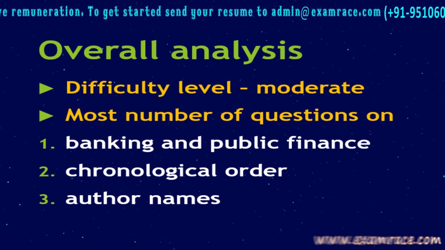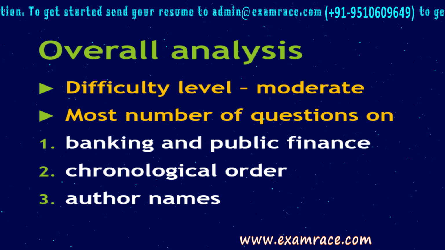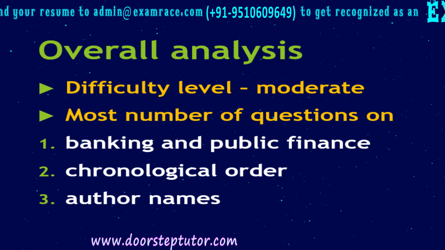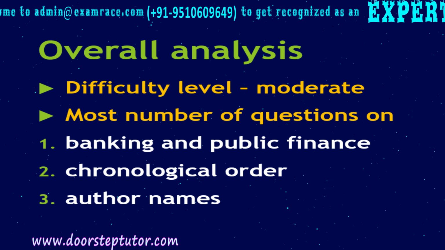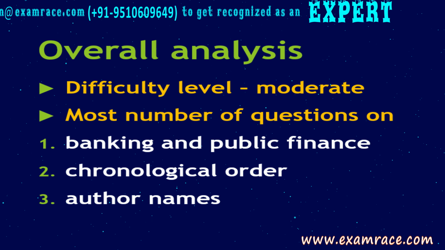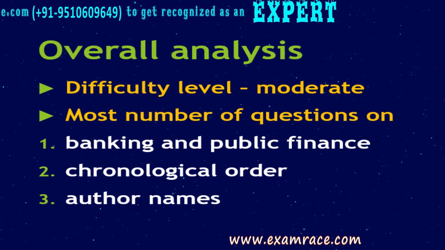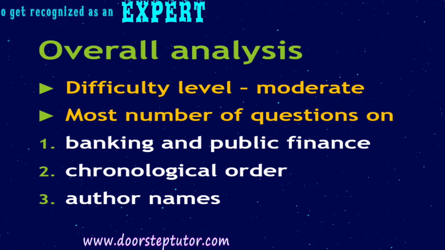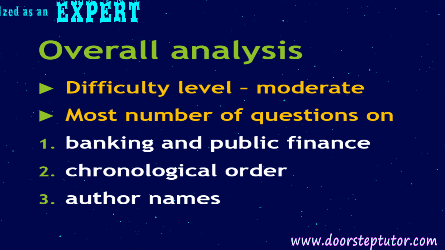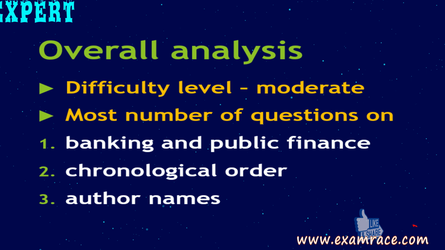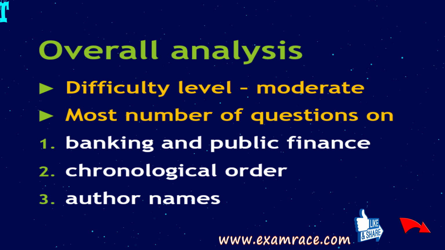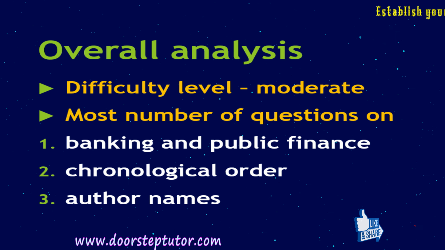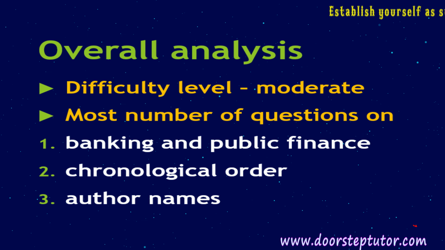So this time the focus was on chronological order and contribution made by authors, which was a little unexpected because students generally put less focus on these two categories. All the other categories were expected. So the overall difficulty level of the paper was moderate, I would say. It wasn't difficult, but it wasn't very easy also. Some categories were easy, some were moderate to difficult.